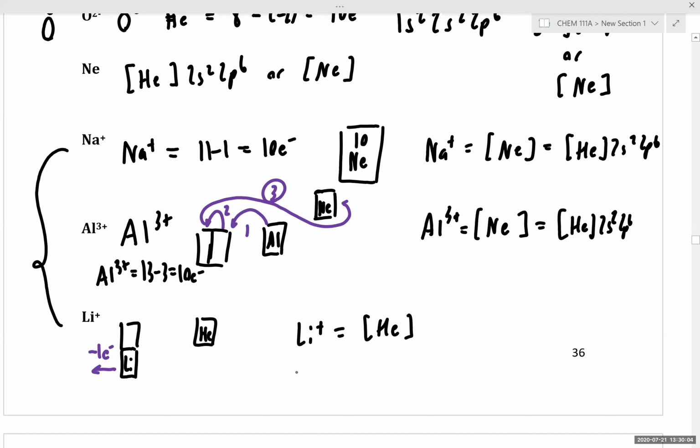You can also think of it as lithium plus has 3 minus 1, or 2 electrons. So lithium plus would be equal to a configuration of 1s2, which matches the configuration of helium. However you want to think about it, all of those methods are valid. Any questions on this example? Do these make sense so far?